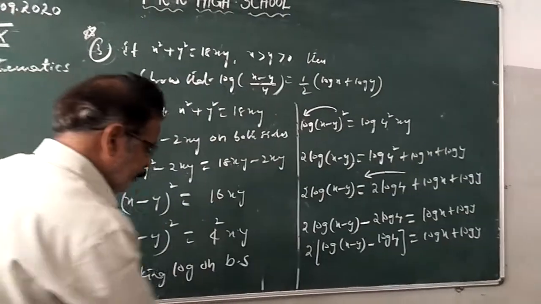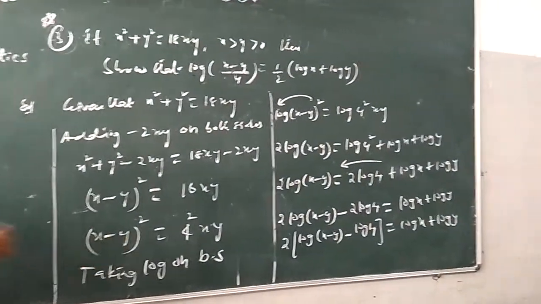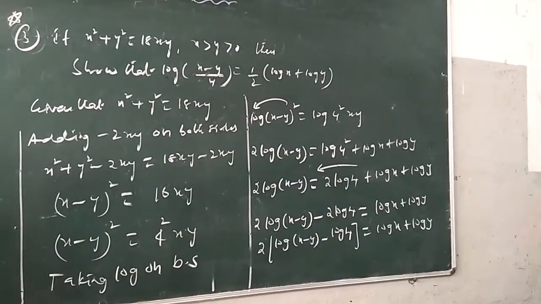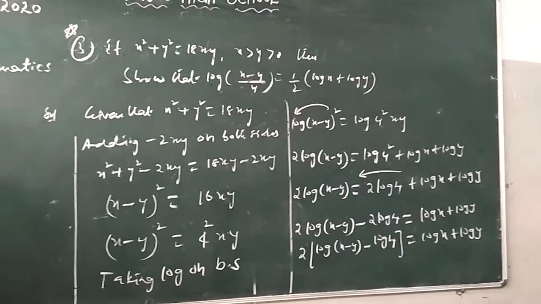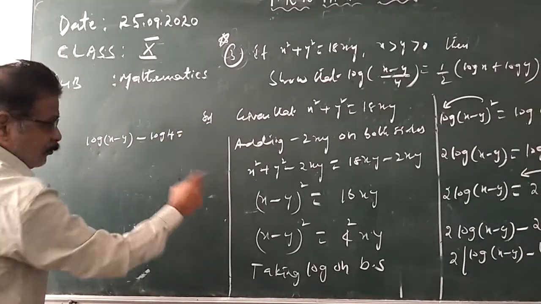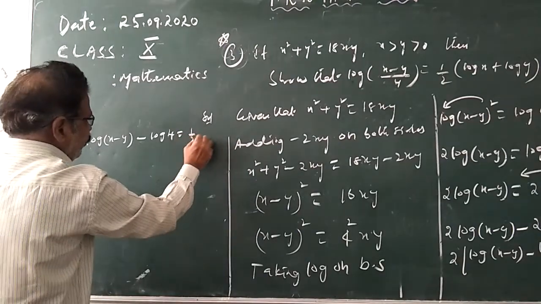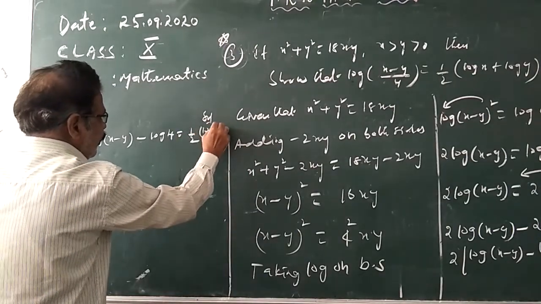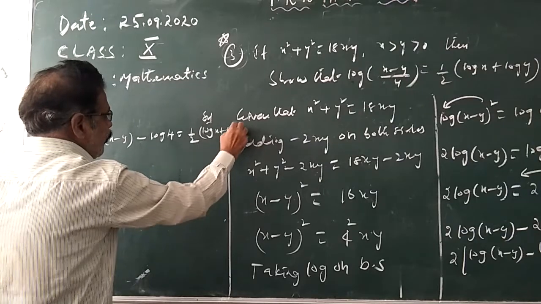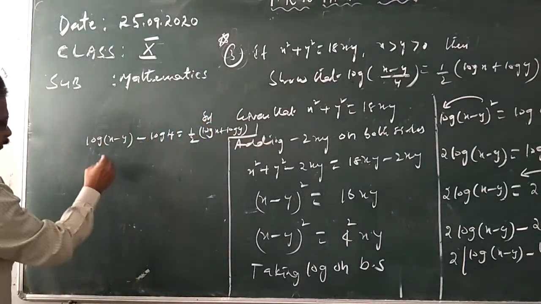So we want log of (x minus y) minus log 4 is equal to, on the right side, 2 means 2 by 1, multiply by the inverse, it becomes 1 by 2. 1 by 2 of log x plus log y.